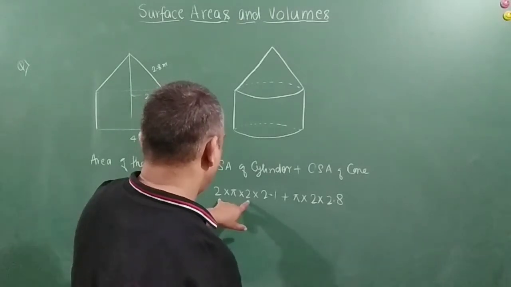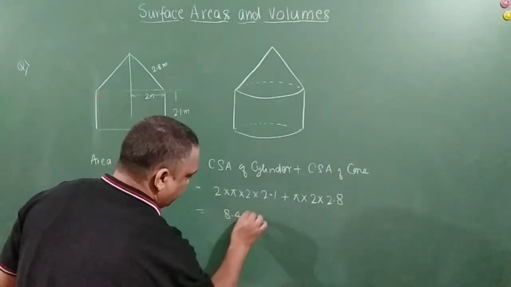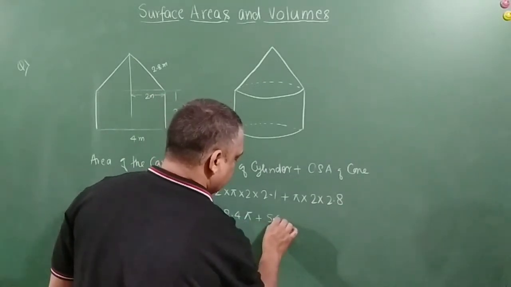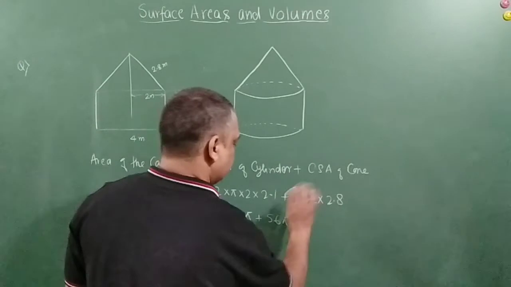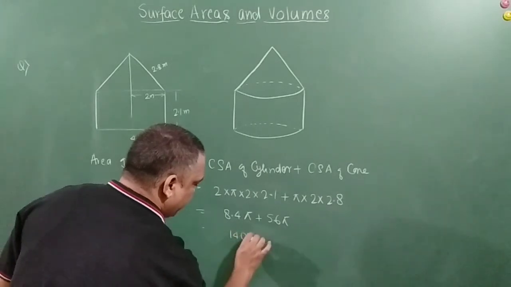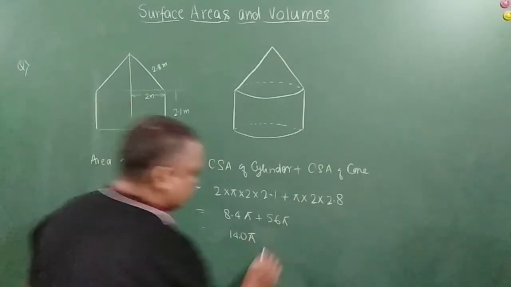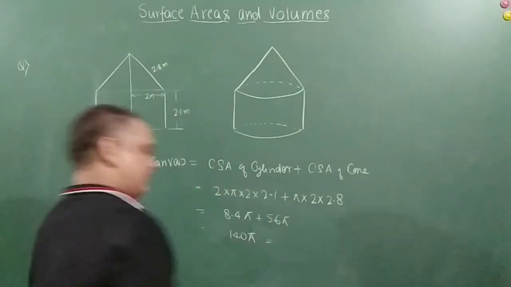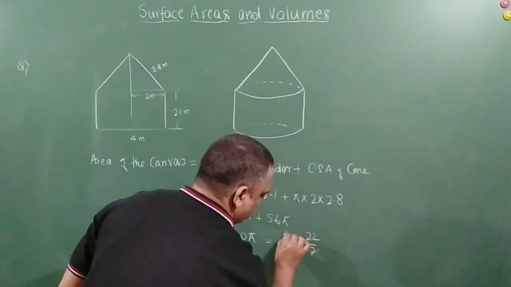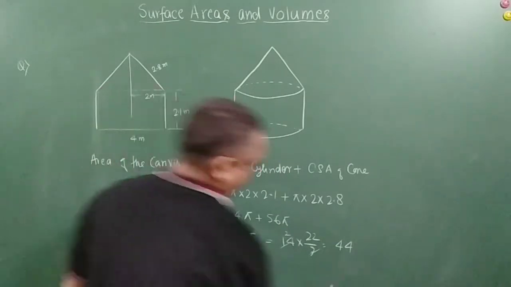No problem. 2 2s are 4 into 2.1 is 8.4. 8.4 pi plus 5.6 pi, right, which is equal to 14 pi, right, which is equal to, we can say pi is 22 by 7, so that will help us. 22 by 7, 7 2, so this is 44. What is this? Meter square.